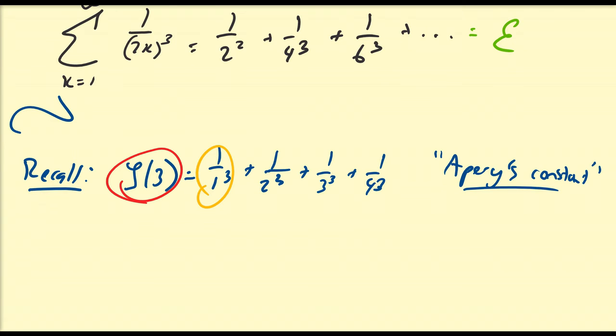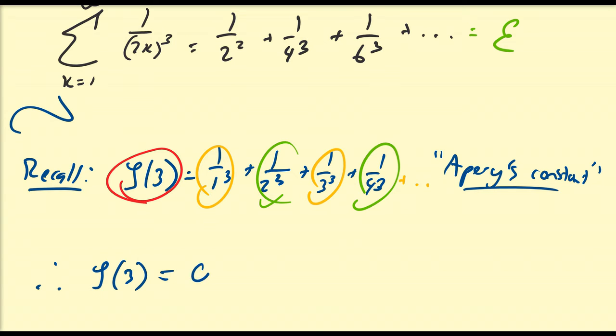So we have our odd terms and also our even terms. Therefore, I can say that zeta of 3 is equal to O plus E, the odd and even terms of the cubes.